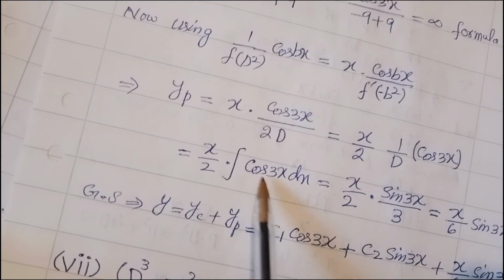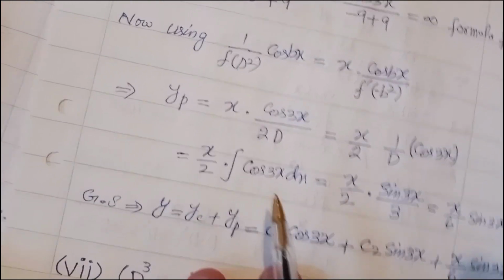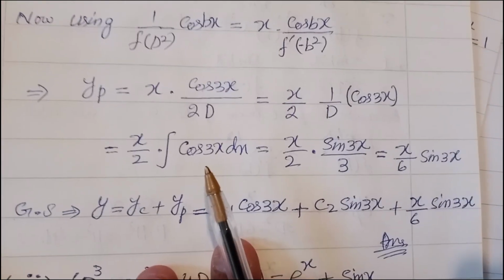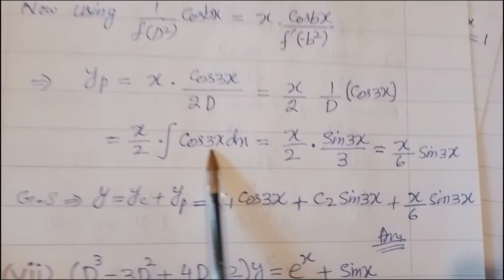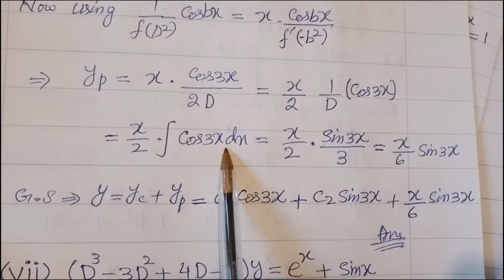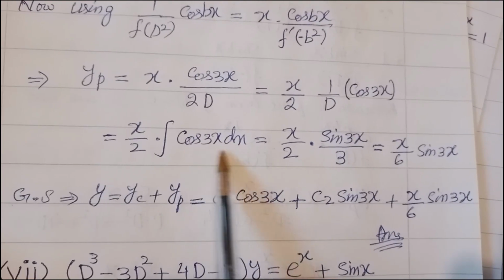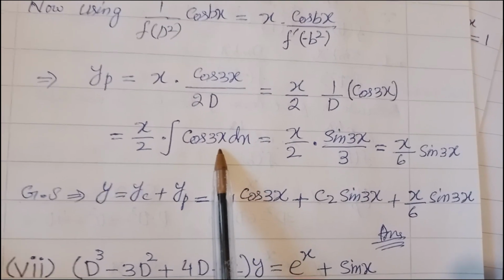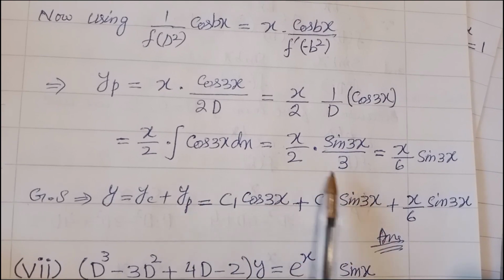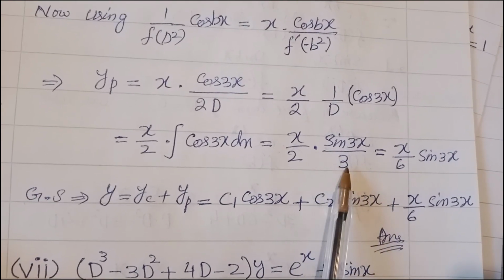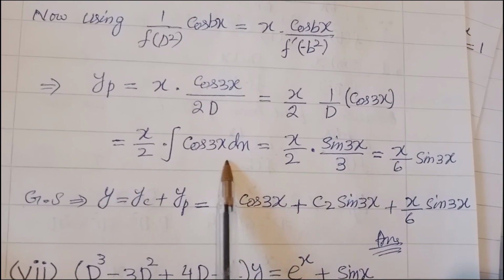You cannot find the integral of a trigonometric function until you have the differential of the angle. The angle is 3x, so we need 3 to integrate this entire term. Since 3 is not present here, we can directly integrate and divide by 3. So this will be the complete integral of cos 3x.